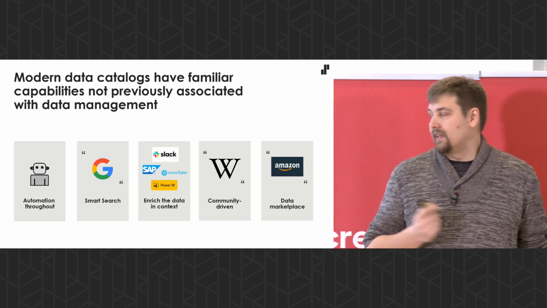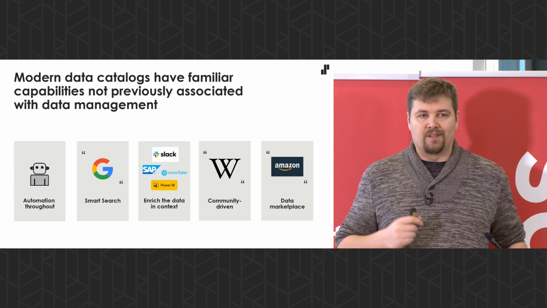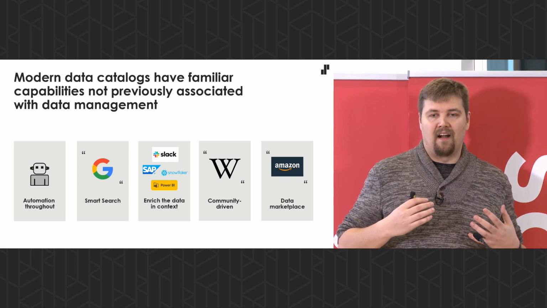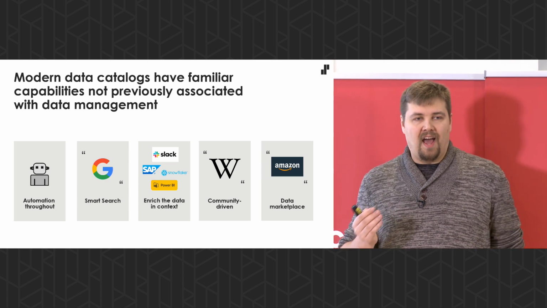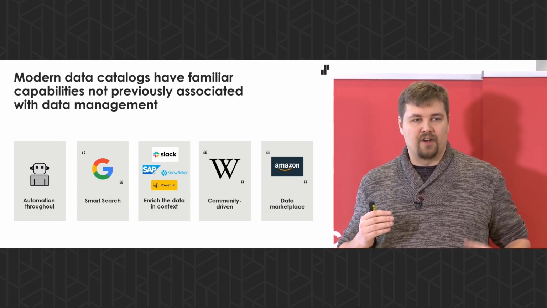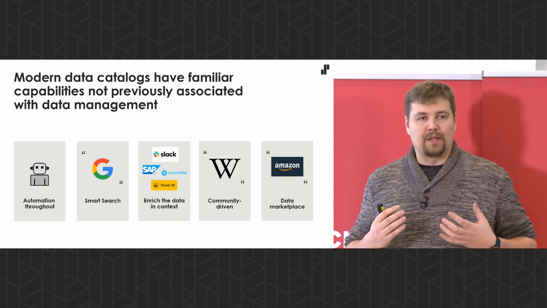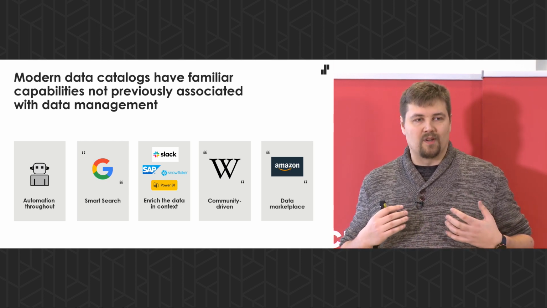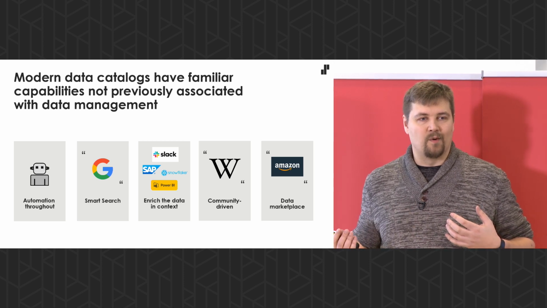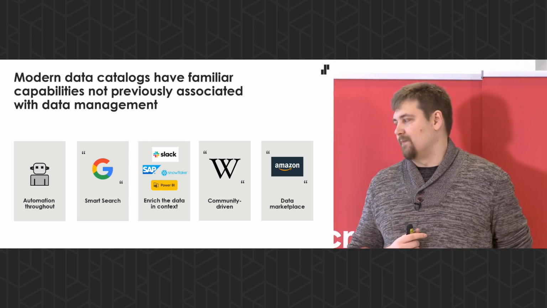The second one is having the smart search. So we want the catalog to act similar to Google. So we can write some keywords to the search bar and we will get the results, and the search engine will know what we are actually searching. We do not want to go to the second page of Google, but we want to find the results immediately.